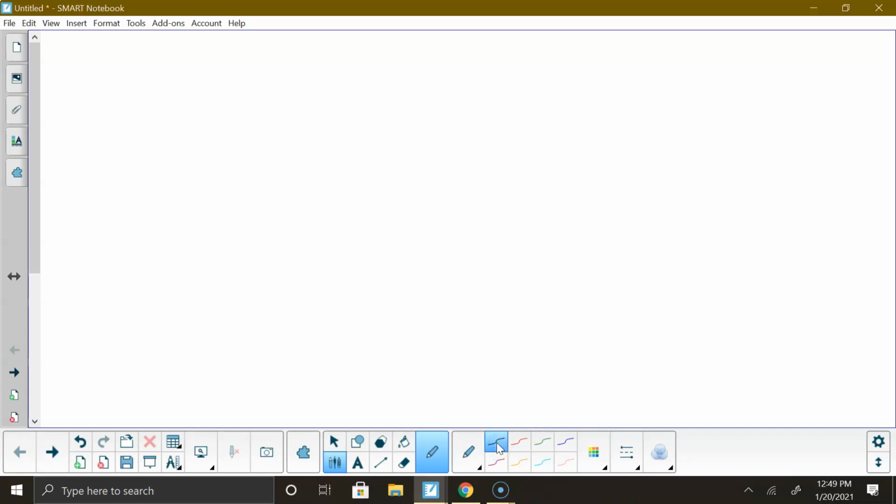All right, so this is 7.1 notes in a nutshell. N is going to equal the number of sides. S is going to equal the sum of all integers.